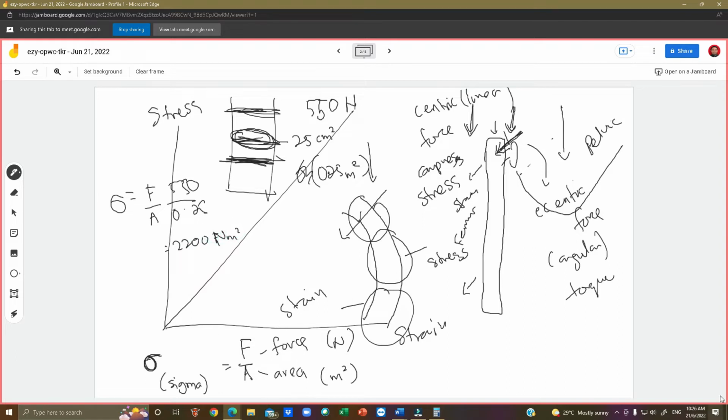Ni dia punya tekanan, okay, for every single part of the vertebra. Ni contoh dia lah. Oh betul lah, saya terlebih perah pula tadi. It's not this one, it is 0.025. Okay, so you are going to get 220.